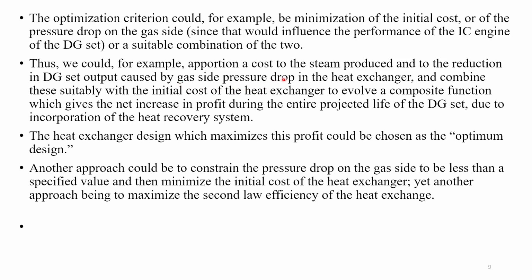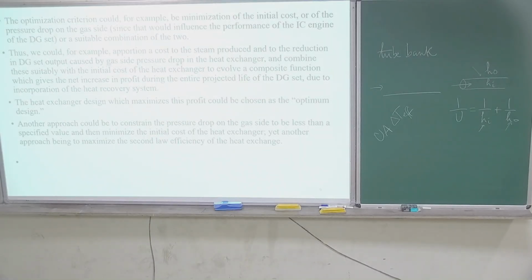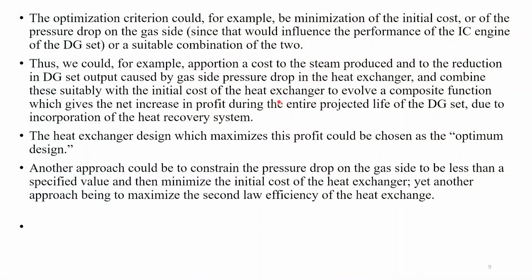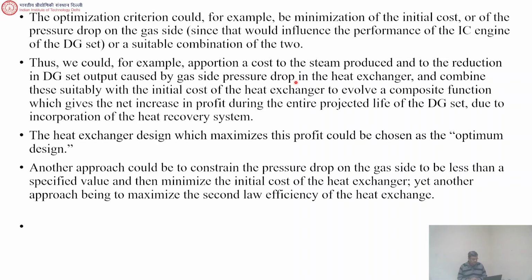Okay. So we are thinking about the cost. One is that to produce the steam, there is some cost which is required because you're including the heat exchanger and all that. The other part is that the DG output will also get affected because of the pressure drop due to the heat exchanger. And these can be combined along with the initial cost of the heat exchanger.